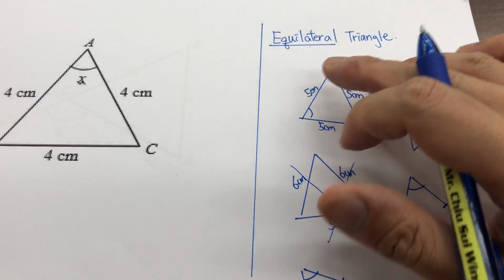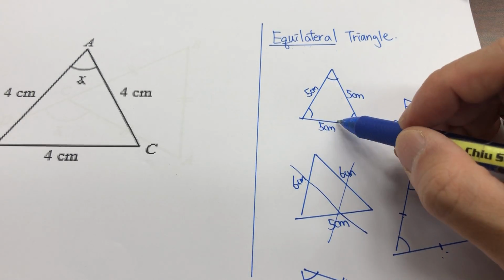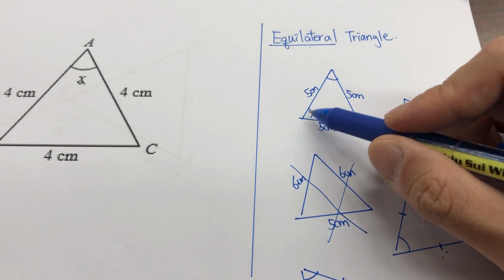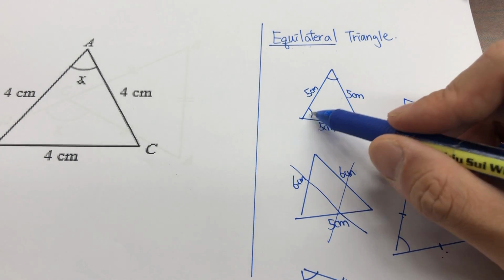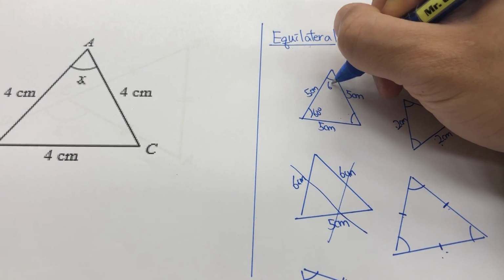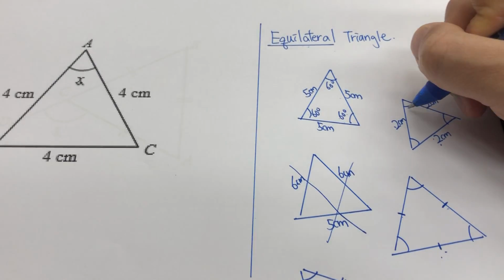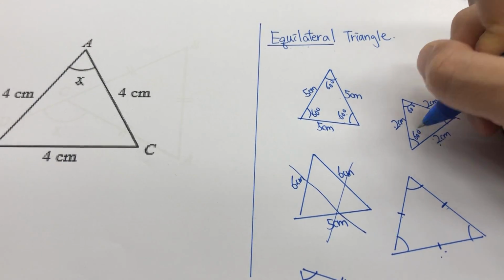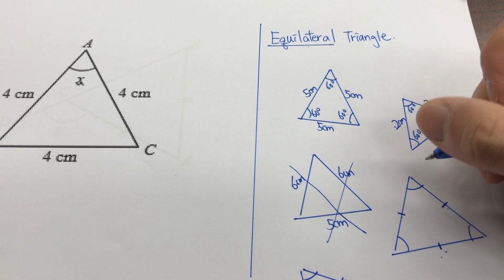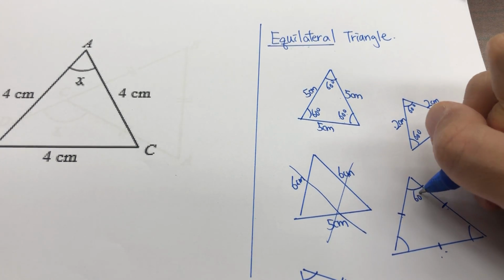As we know that all the three angles, when we add them up, must be equal to 180. When all the three angles are the same and the sum of them equals 180, that means that each of them should equal 60 degrees. For an equilateral triangle, no matter how big or how small it is, the angles must equal 60.